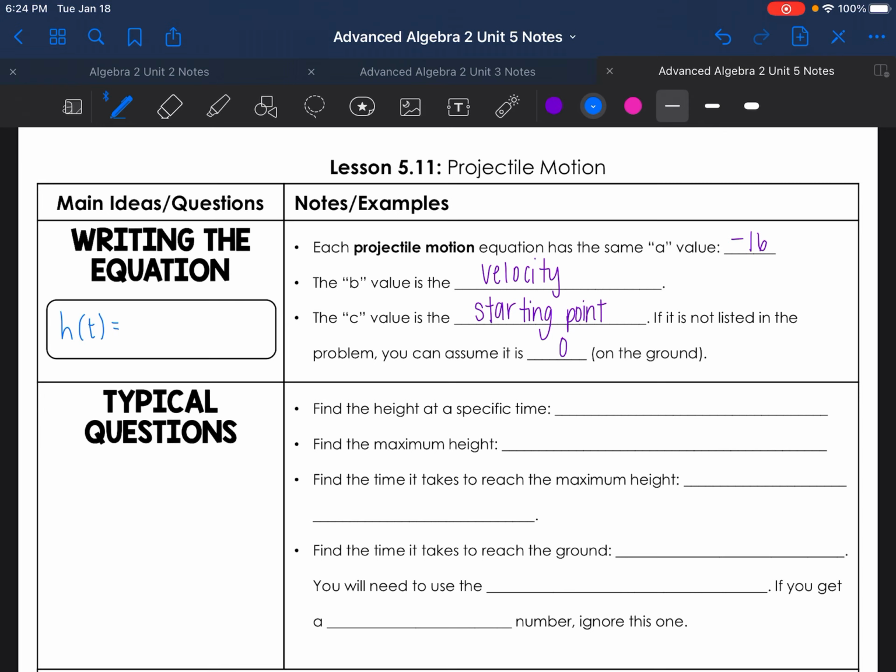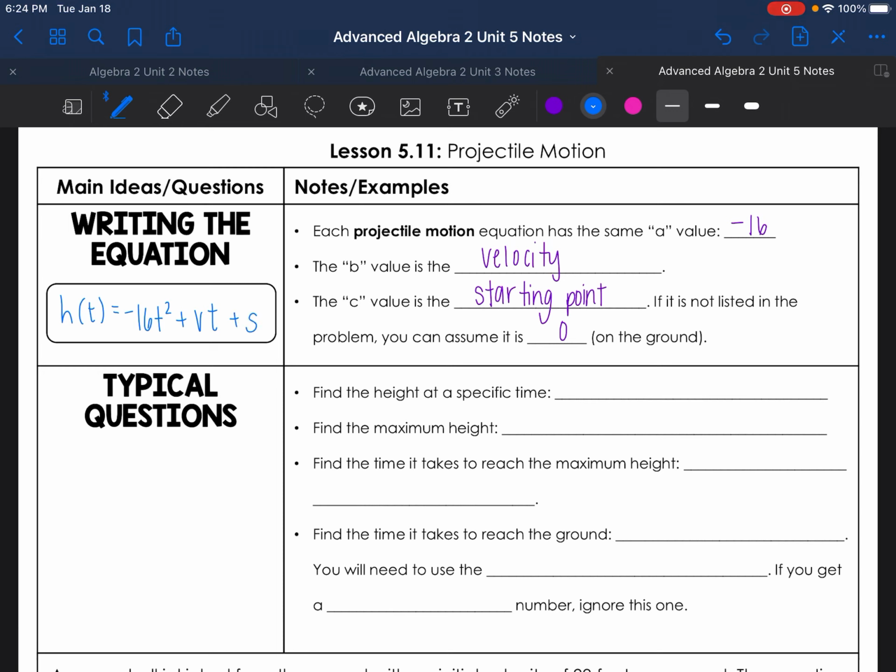This is the height given the time. So instead of x, we're going to have t to represent time. So it's -16t squared plus the velocity times t plus my starting point.